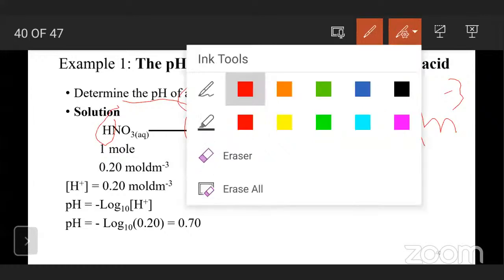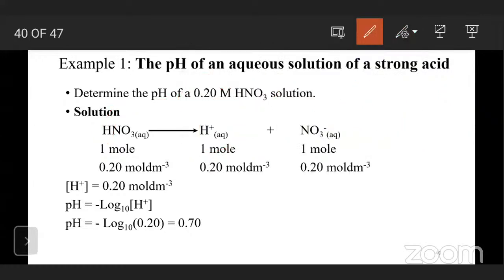This concentration is just the concentration of the entire acid solution. If the acid does not release all the hydrogen ions in solution, then this concentration is not the same as the concentration of the hydrogen ions. Also, if the acid has more than 1 hydrogen ion, then this concentration may not be the same as the concentration of the hydrogen ion in solution.